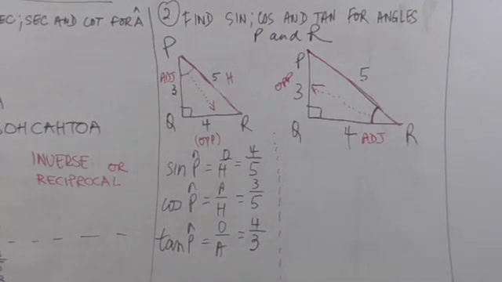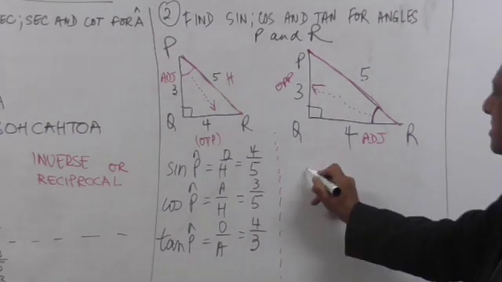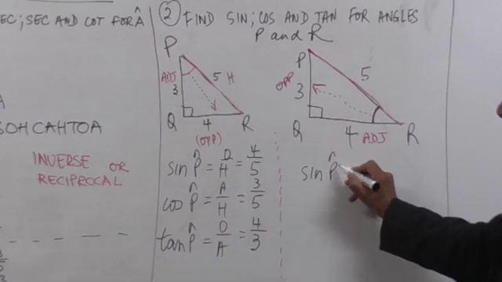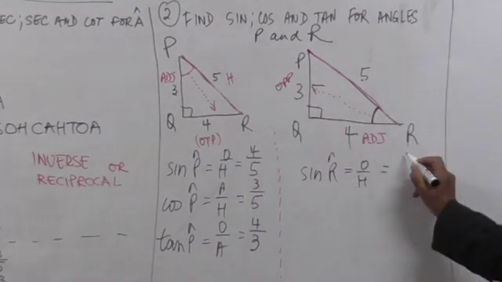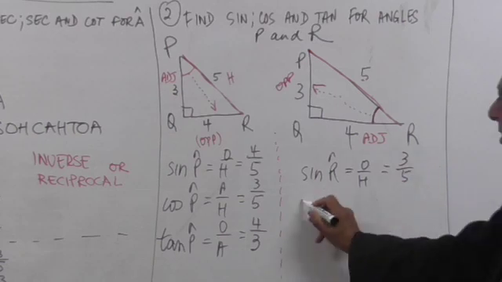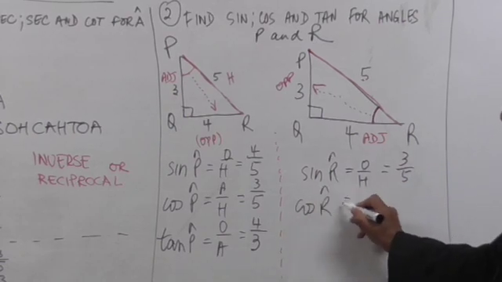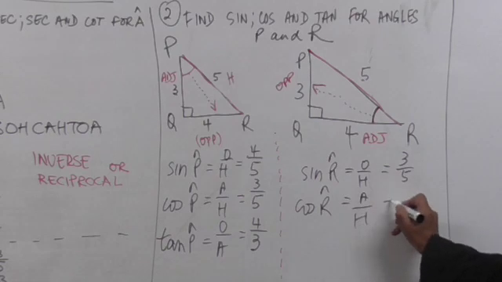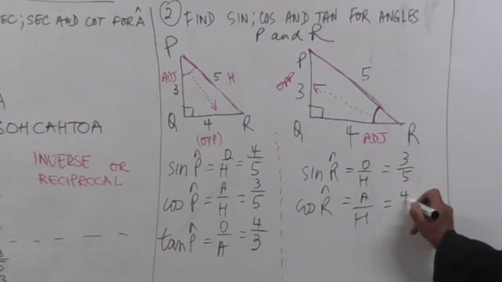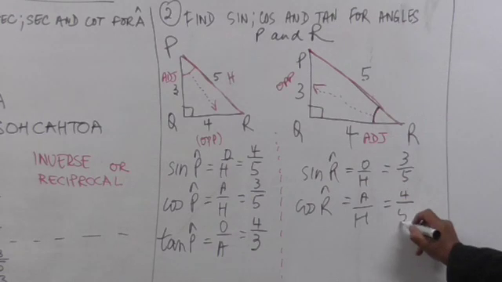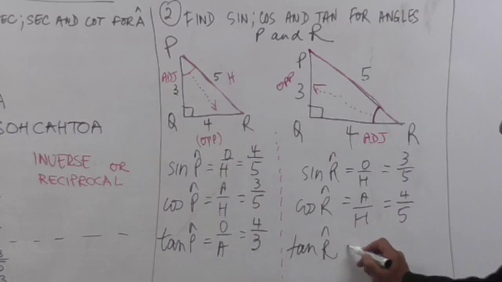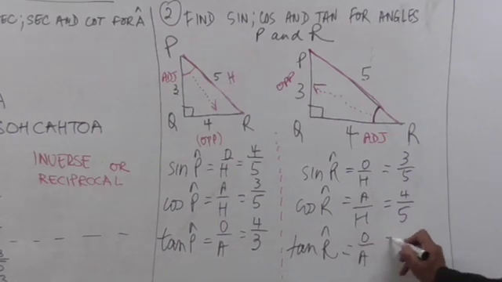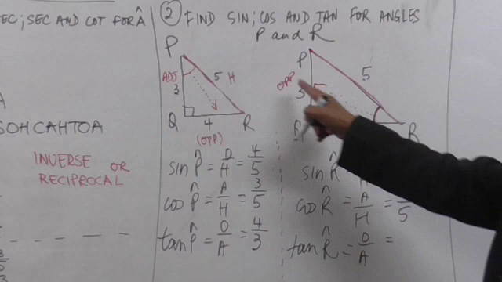Now to find the answers, sine of angle R is equal to opposite over hypotenuse. Opposite for R is 3 over 5. Cos of angle R is equal to A over H. A is 4, H is 5, and finally tan of angle R is equal to O over A, which is equal to 3 over 4.